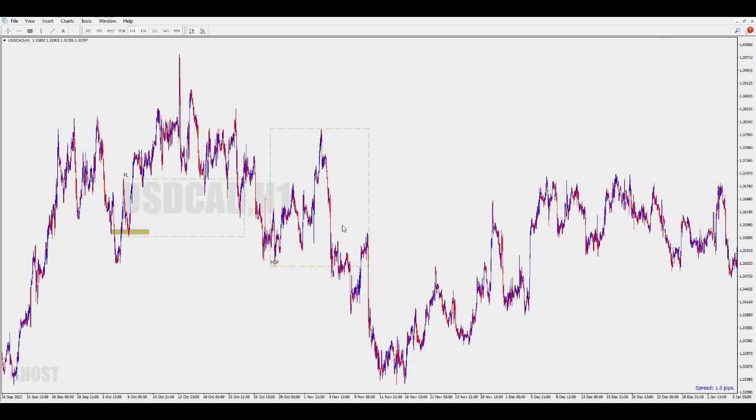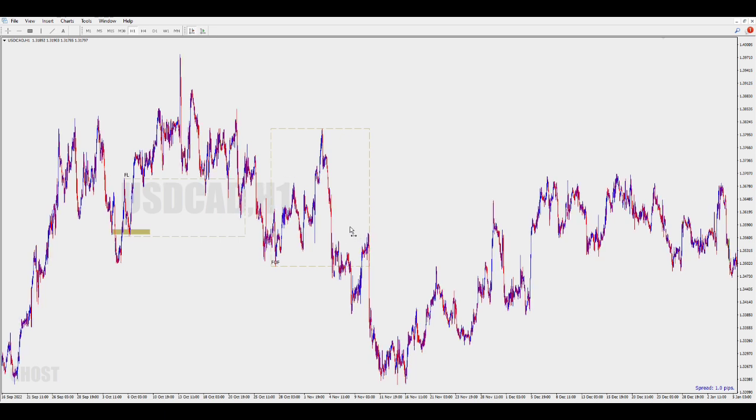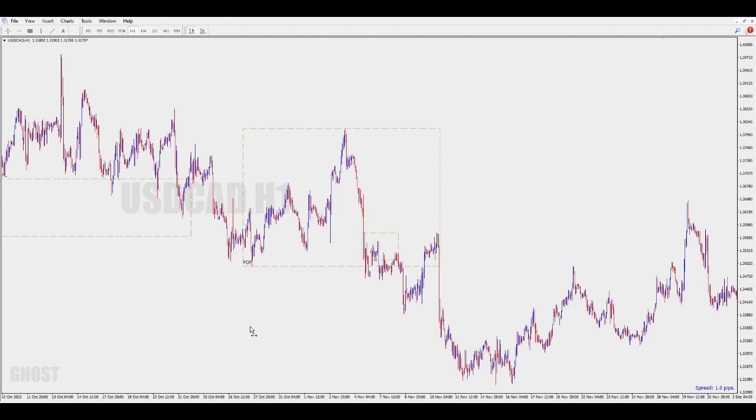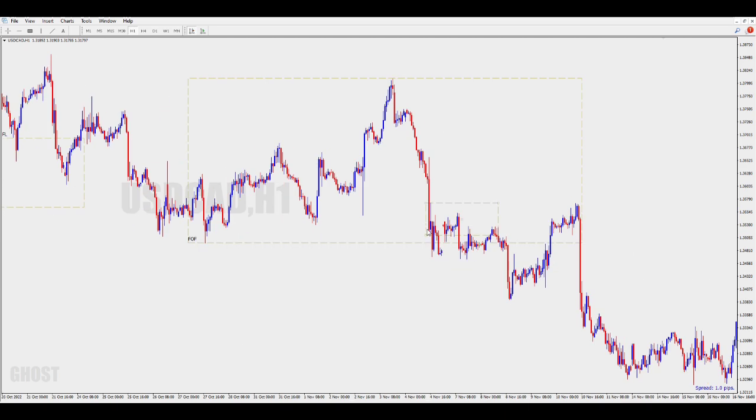So for me to take a trade, I would either look at the lower end of the area around here, right? So when price breaks the low here, we have a decision point, which will be right this area right here.